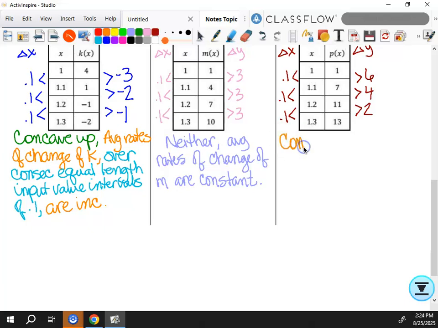So what do we think? Concave up or down? Down, good. Concave down.